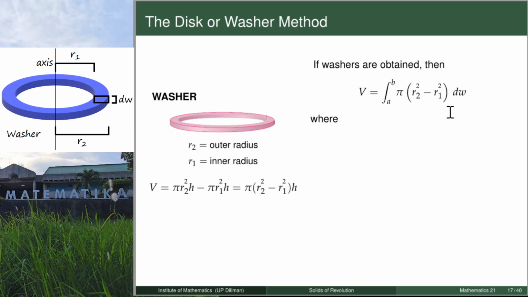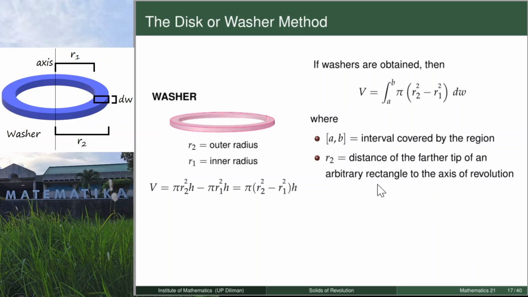Here, the height of the washer is just your dw. Notice here in the blue washer, the height of the disk is dw. Other details: AB is again the interval covered by the region, and R2, if you look at the blue washer here, it's clearer.